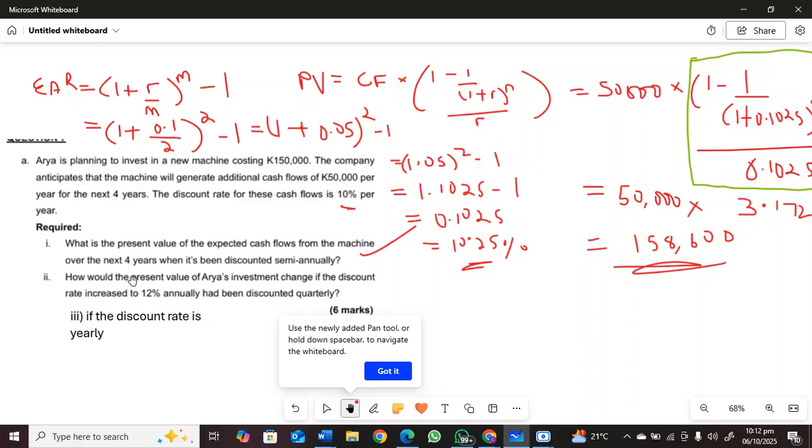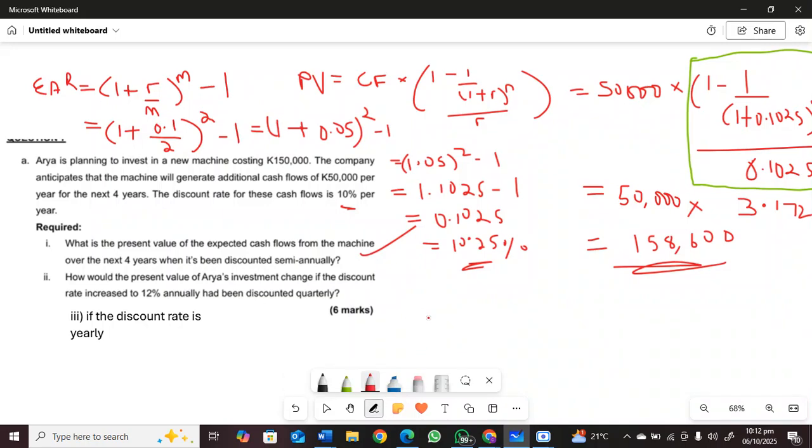Part 2 says, how would the present value of Aria's investment change if the discount rate increased to 12% annually and had been discounted quarterly? So again, it's being discounted quarterly, so we have to match the compounding period for the discount rate with the payment period.